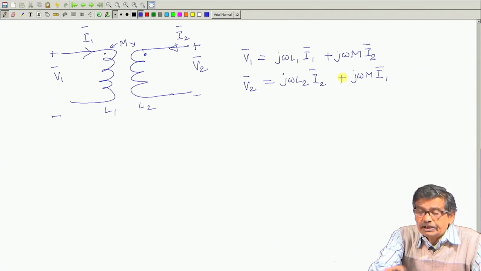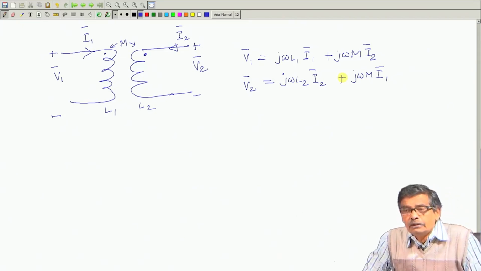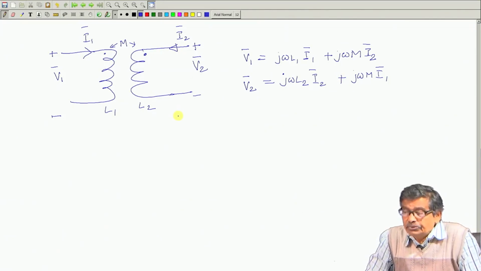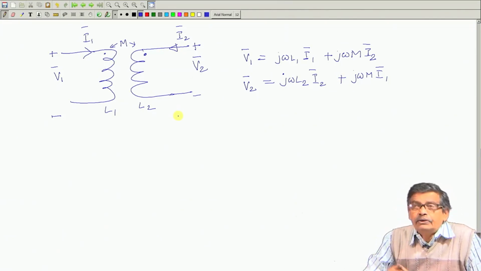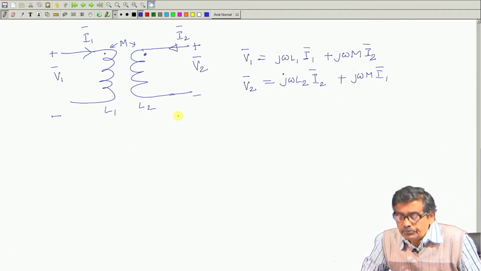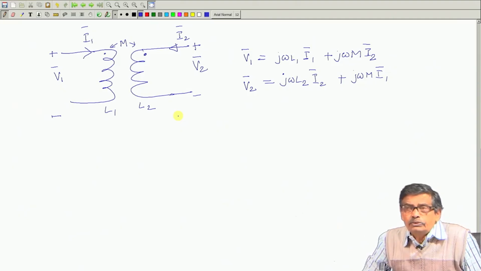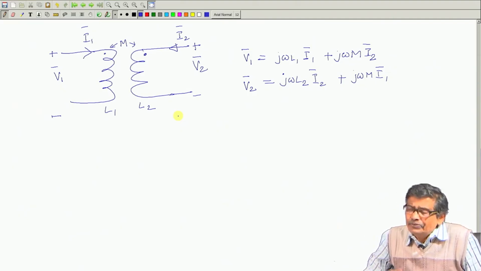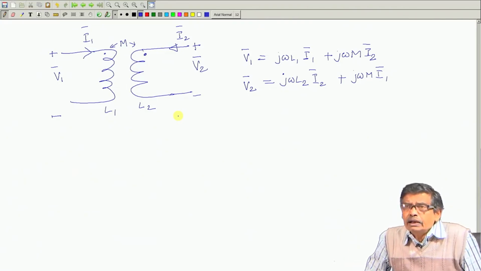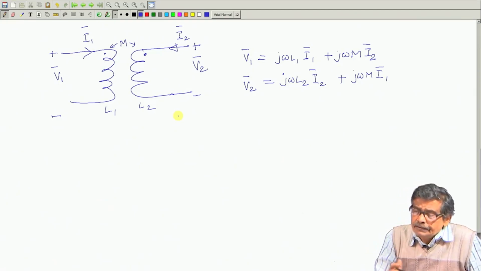Similarly, the directions of the current phasors are shown with arrows. Then only you will be in a situation to write down correctly the KVL equations in different loops. Then of course you solve the circuit to get the currents, and if you wish to come back from phasor to the time domain circuit, we already know it, you can immediately do it.